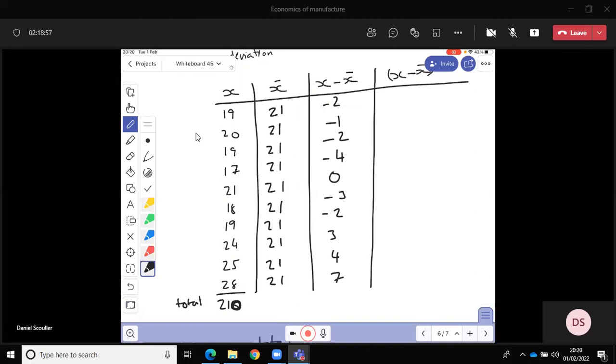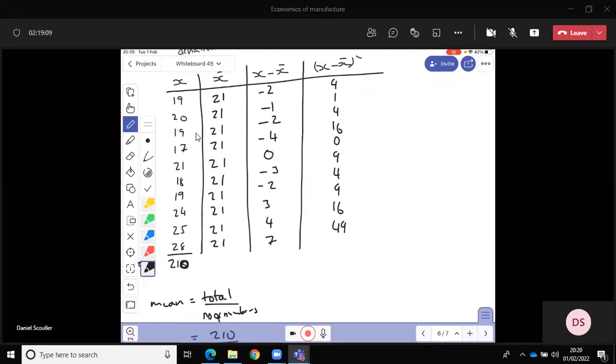Then we square them: 4, 1, 4, 16, 0, 9, 4, 9, 16, 49. And then we add them all up. Adding them all up gives me 112.